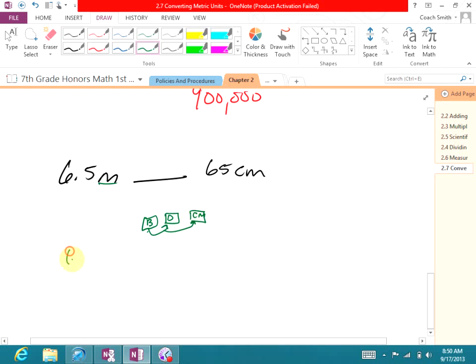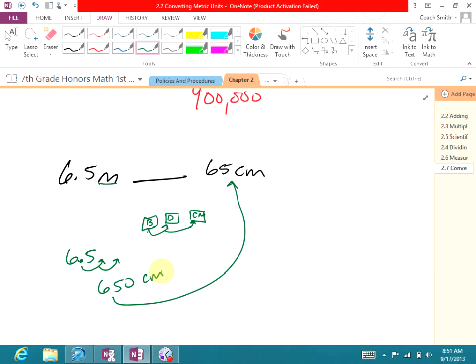So if I take 6.5 and I move it 2 places to the left, once, twice, that would give me 650. Okay? So 650 centimeters is what 6.5 meters is. So therefore, what goes in the blank, Tristan? 6.5 right. Greater than sign.